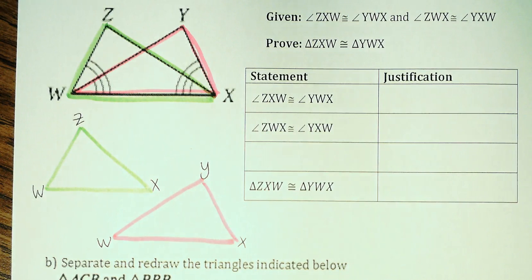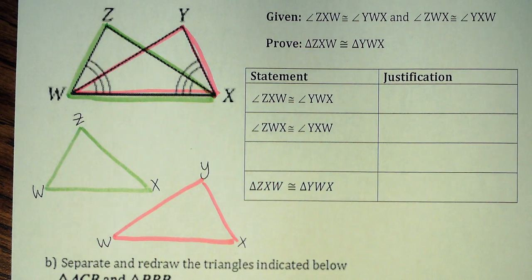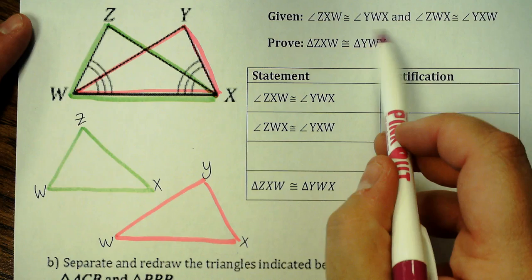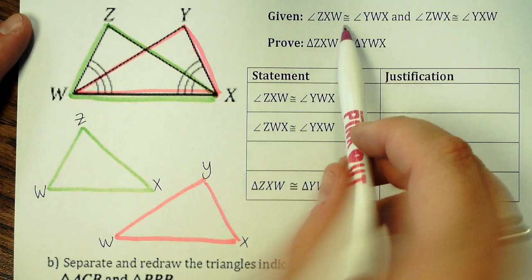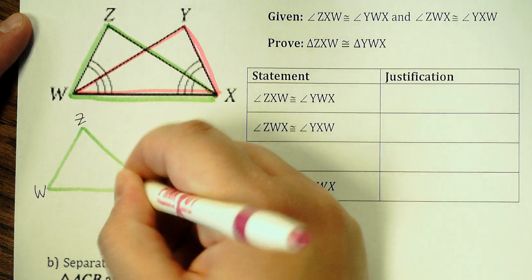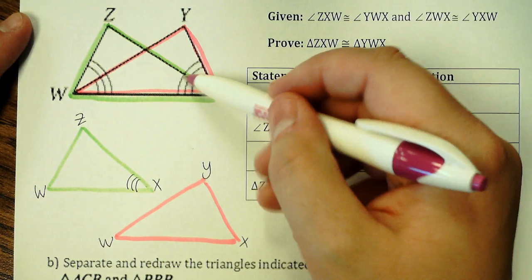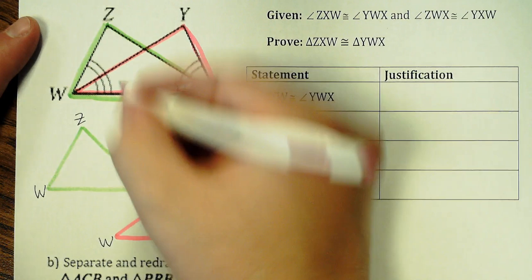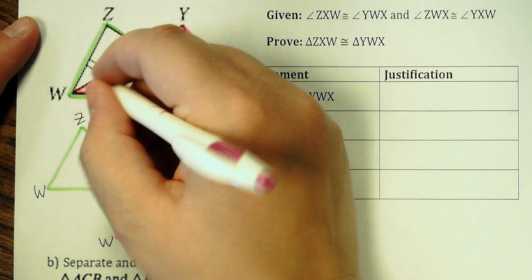Okay, now you guys can actually see this in the picture, but it's kind of confusing because in the original picture they're overlapped. So I'm just going to mark these angles. ZXW, in that original picture, has a triple mark on it, triple curve, and YWX, you guys will see that here as well in the pink one.